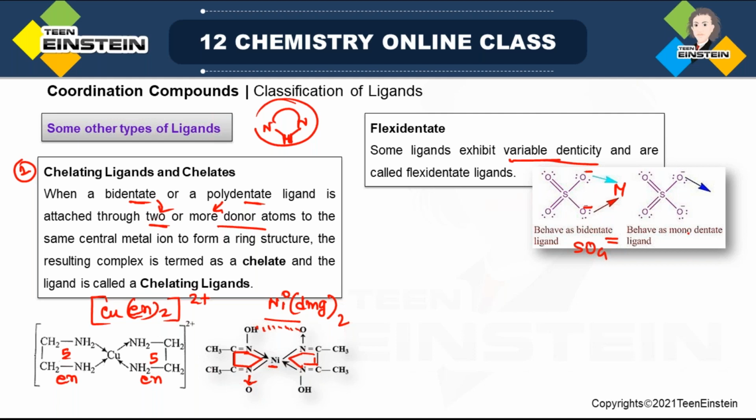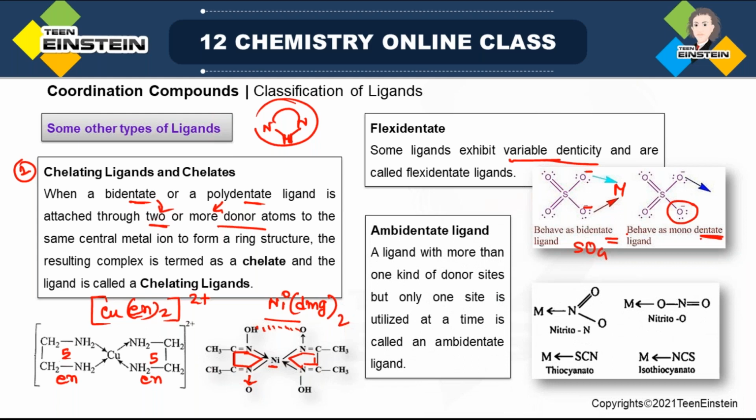But another way it can behave is as monodentate, where this O minus is not acting as a donating site. So now it is monodentate, but in the previous picture it is bidentate. This is another kind of denticity, variable denticity, that is possible. And because of this flexible nature, it is called flexidentate.